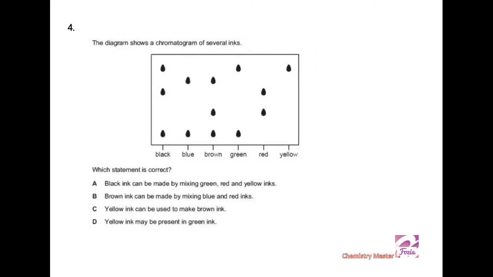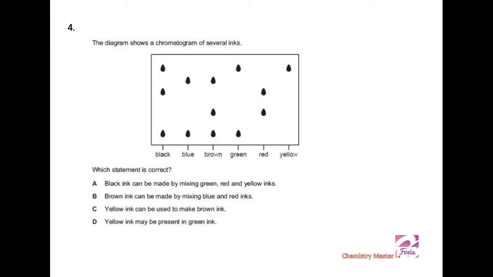Now in this MCQ, a chromatogram is given. What is a chromatogram? The paper on which we get the results of chromatography is called a chromatogram. And what is chromatography? Just to remind you, chromatography is a separation technique of any mixture into its components.